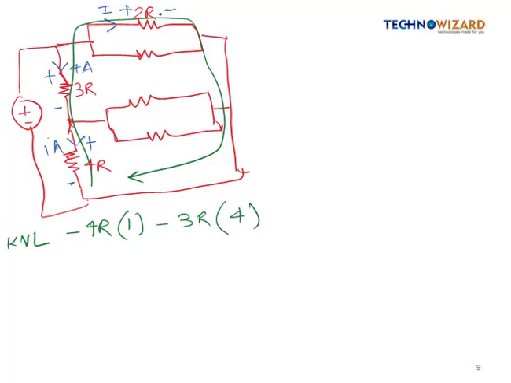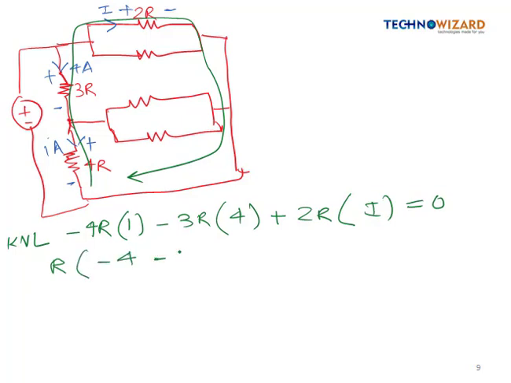Now the next sign is plus, resistance is 2R into current I is equal to 0. So I will take resistance R common, so it will be minus 4, minus 12, plus 2 into I is equal to 0.